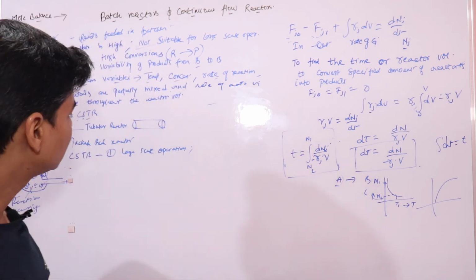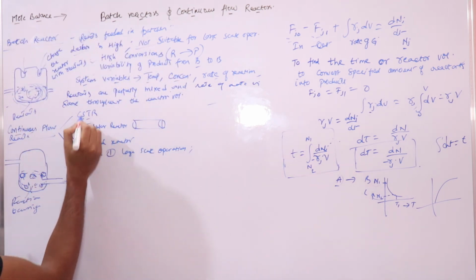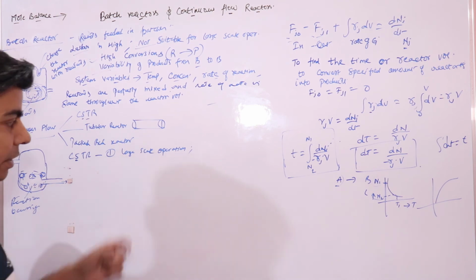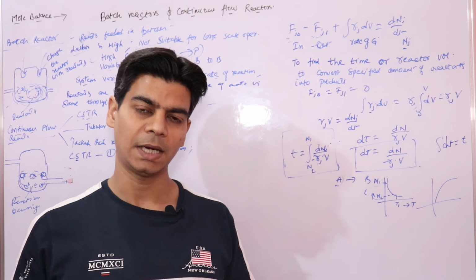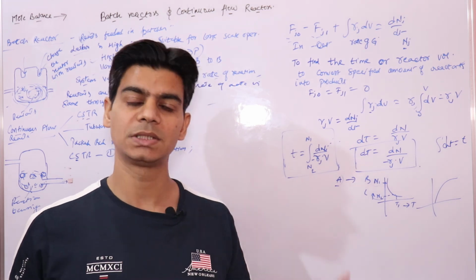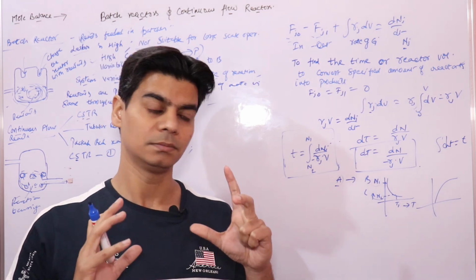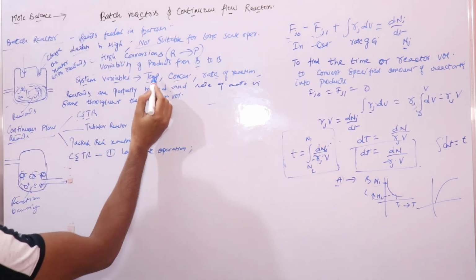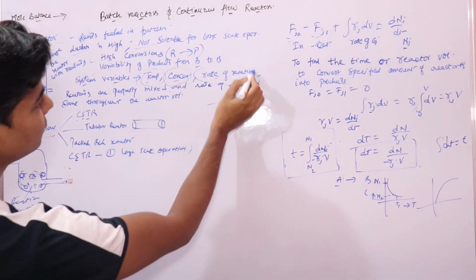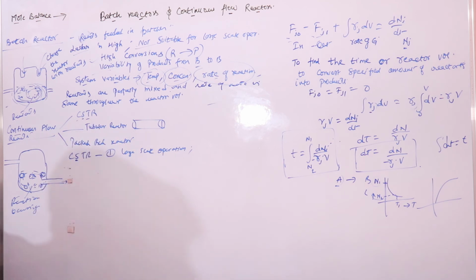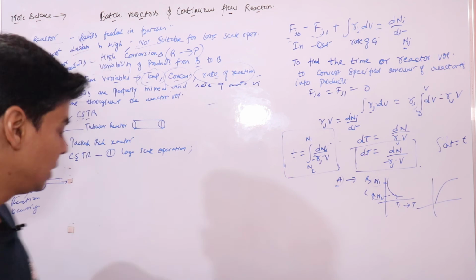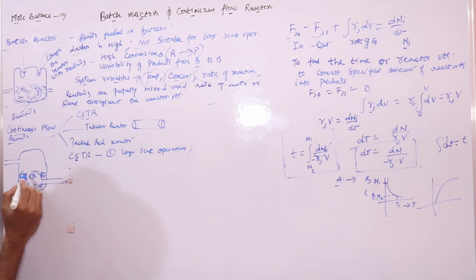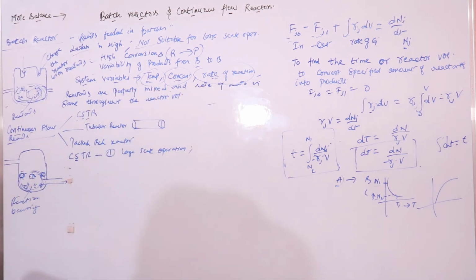But since this is the continuous stirred tank reactor, in which stirring is so perfect, all these variables are the same throughout the reaction mixture. At every point these variables are the same for a CSTR.